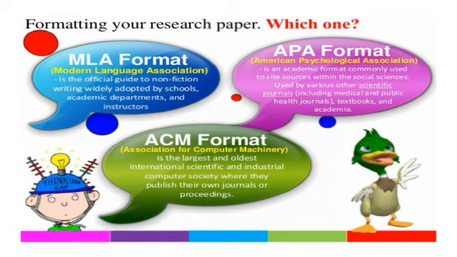And APA formatting is the American Psychological Association, used by various scientific journals, medical and public health journals, etc. And ACM format is the Association for Computing Machinery, which is the largest and oldest international scientific and industrial computer society, where they publish their own journals or proceedings.